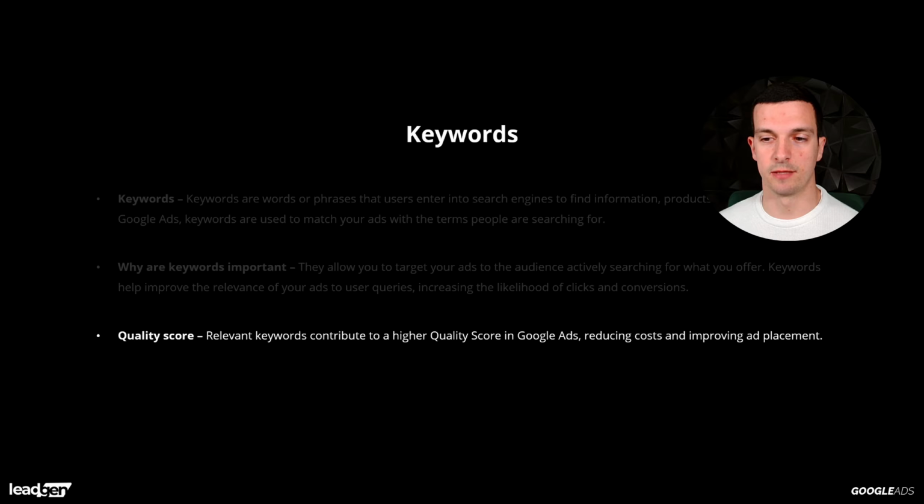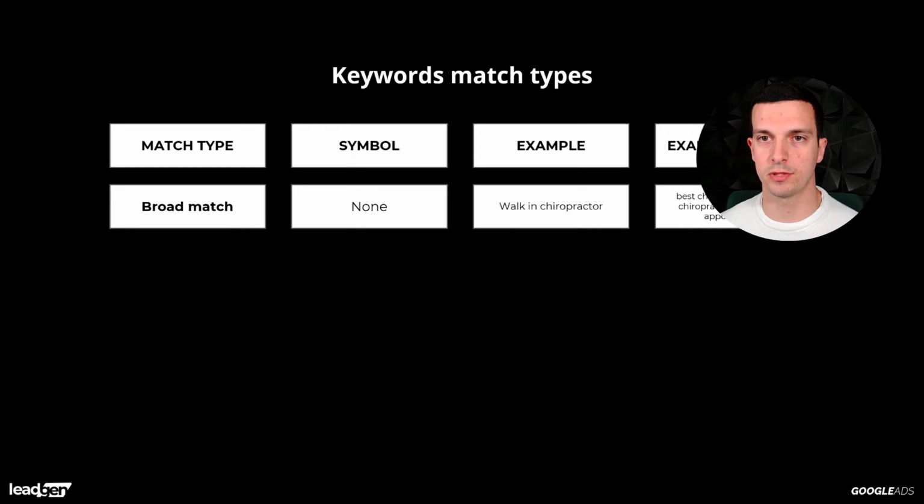Basically, when you have a good match between keywords, ads, and landing pages, usually you have a high click-through rate and people are spending time on your landing page and converting, and then you get a higher quality score, which helps you a lot in the bidding process. Basically, with a high quality score, you can outbid other people that have more budget but a lower quality score. So yeah, kind of important.